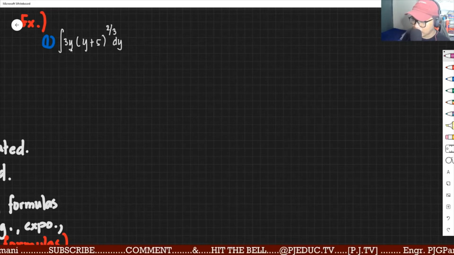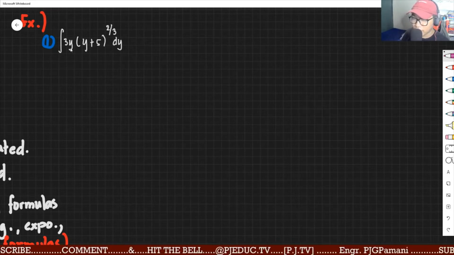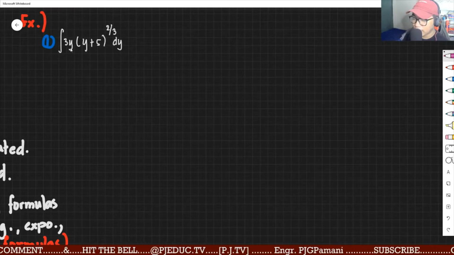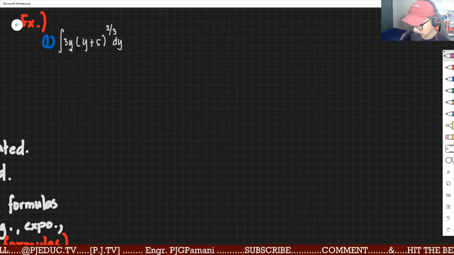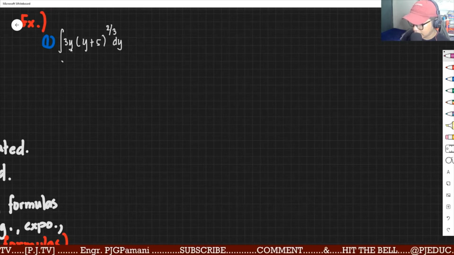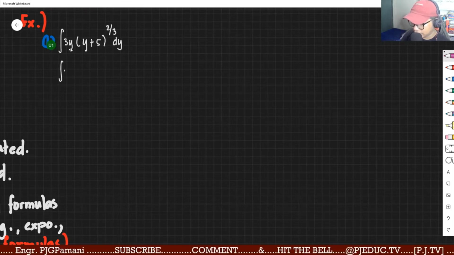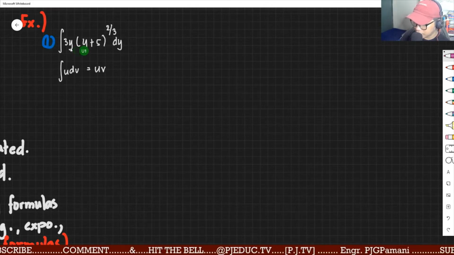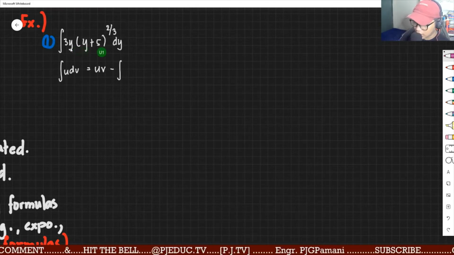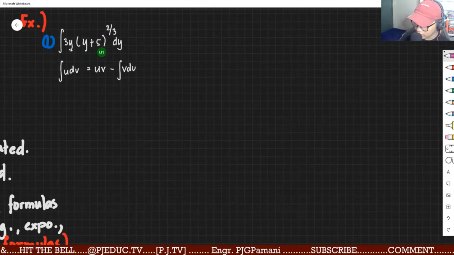But we have here the method of integration by parts. Again, integration by parts was introduced earlier as the integral of u dv equal to the product of function u times v minus the integral of v du.